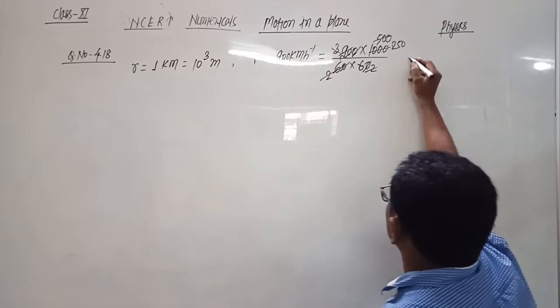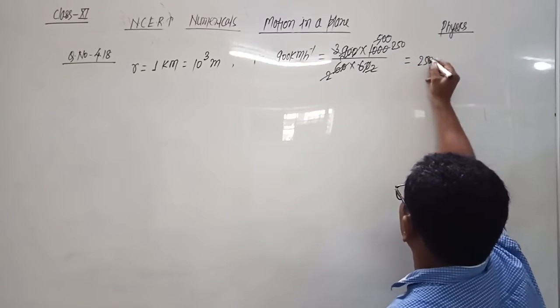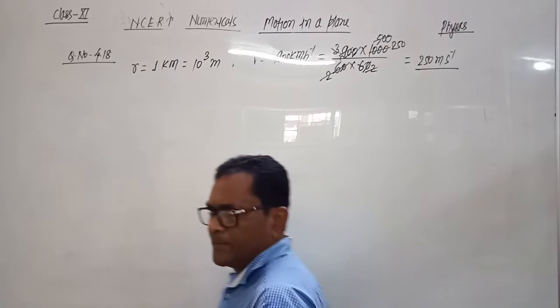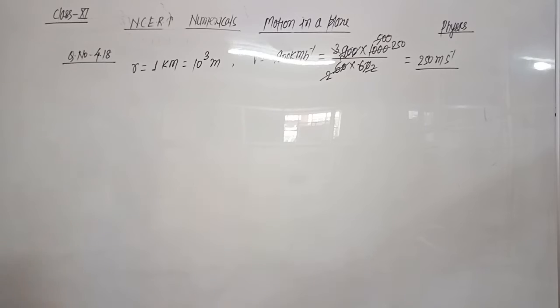So the speed is 250 meter per second. The radius of the loop is 10 raised to the power 3 meter, and the speed is 250 meter per second. Then compare its centripetal acceleration with the acceleration due to gravity.